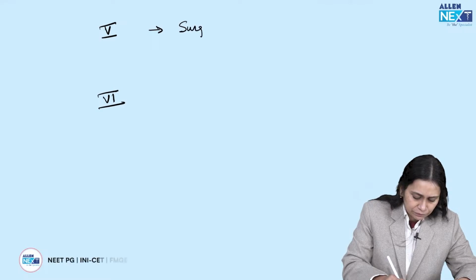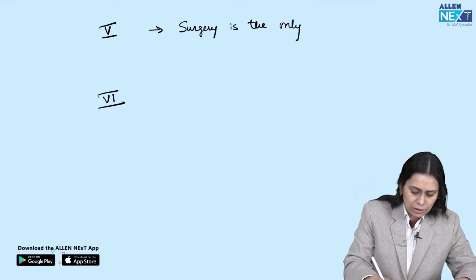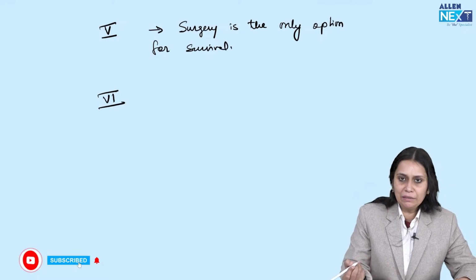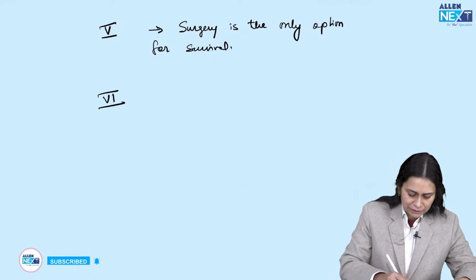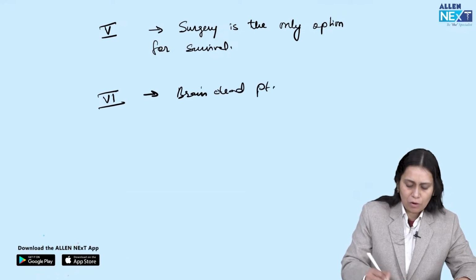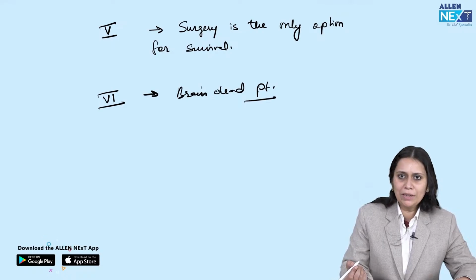Surgery is the only option for survival. This is ASA grade 5, okay? And ASA grade 6 is a brain dead patient for organ transplantation.